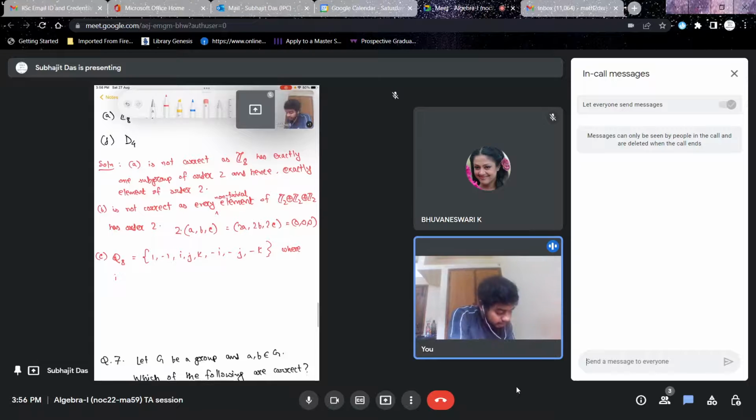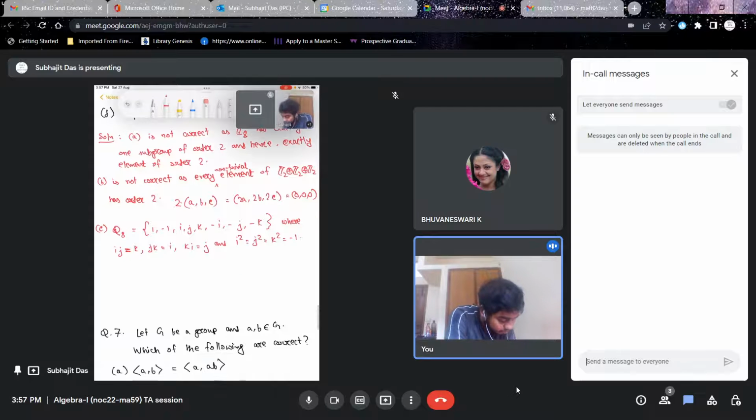You have ij is equal to k under the group operation, jk is equal to i, and what else? ijk, jki, and ki is equal to j. And you have i square is equal to j square equal to k square equal to minus 1.